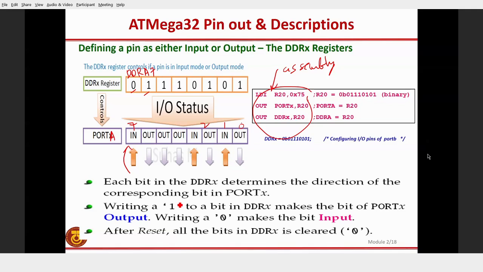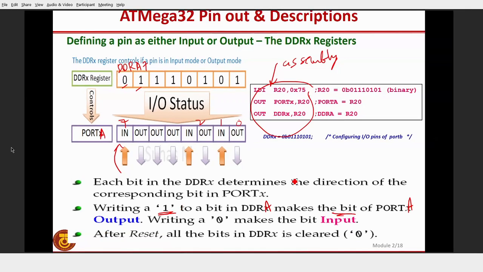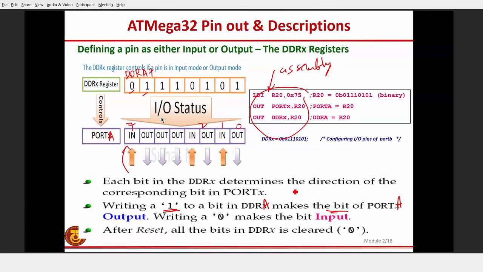Again, I clarify: writing a 1 to a bit in DDR makes that bit of the port an output. So let's say, for example, DDRA: we make the particular bit in port A an output. If you write DDRA equals FF, like I just told you, it means we are giving all of port A as an output.